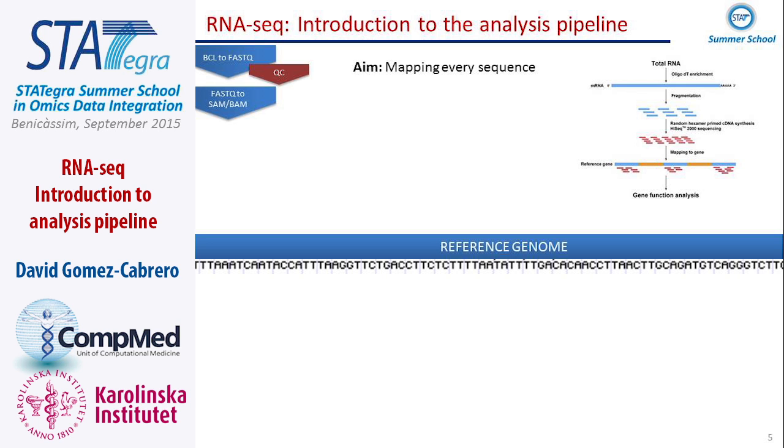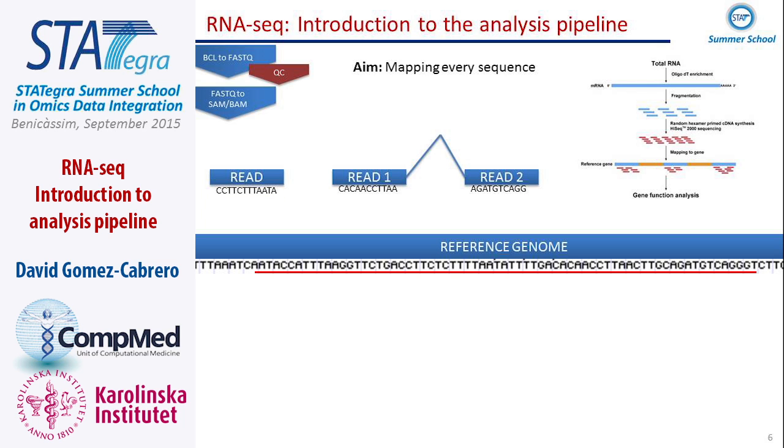So, mapping every sequence. Everyone feels confident when I say mapping to the genome. Basically, we have the read, and I need to find where it may end up here, right?